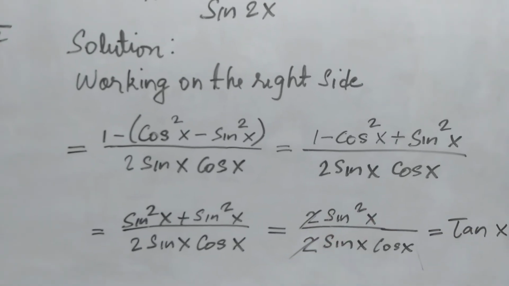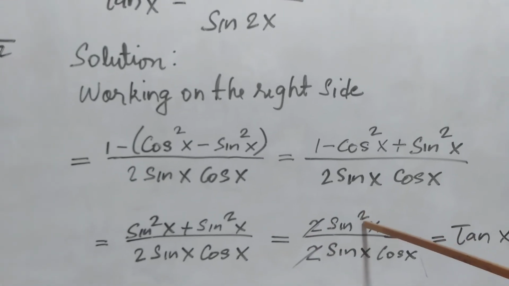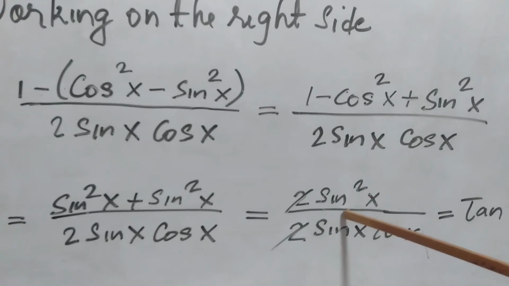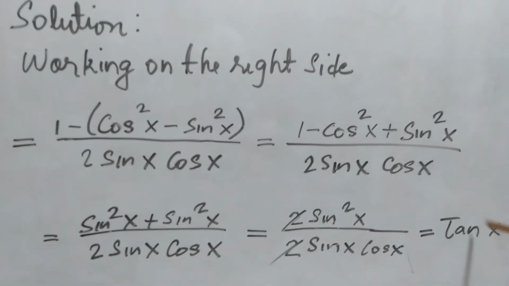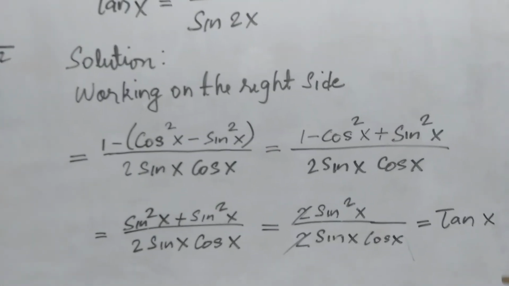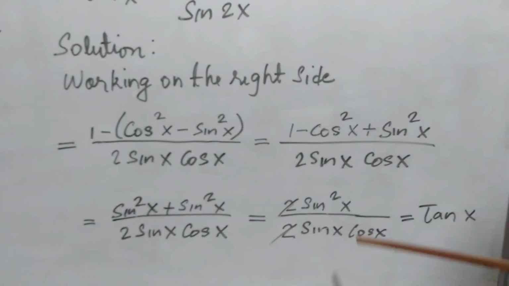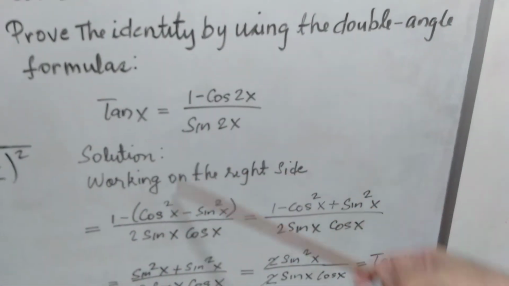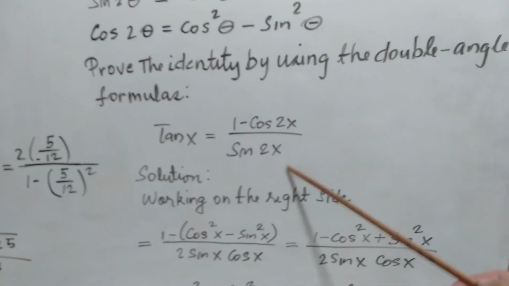We cancel out 2, and we cancel out one of the sine x. What remains is sine x over cosine x, which is equal to tangent x. So we successfully prove that tangent x is equal to 1 minus cosine 2x over sine 2x.